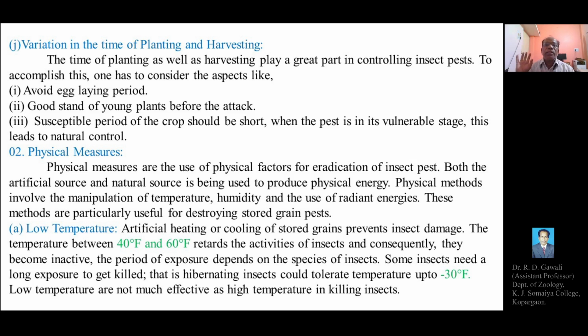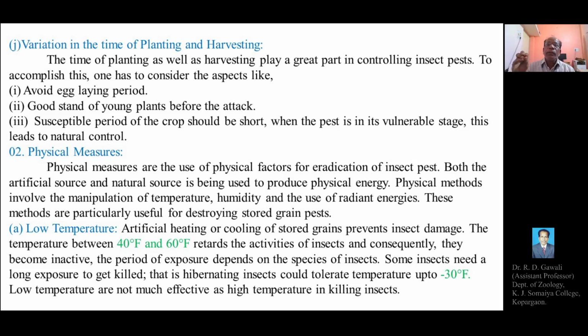This leads to natural control. So we can avoid the particular period for planting and harvesting of the particular crop so as to avoid the pest attack.